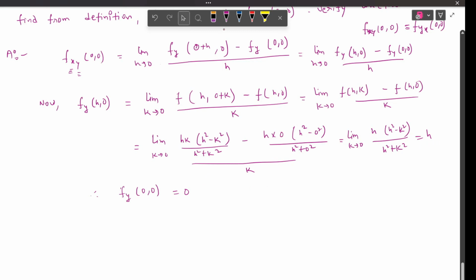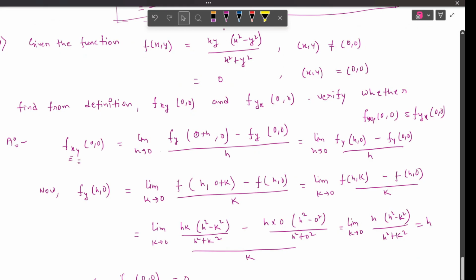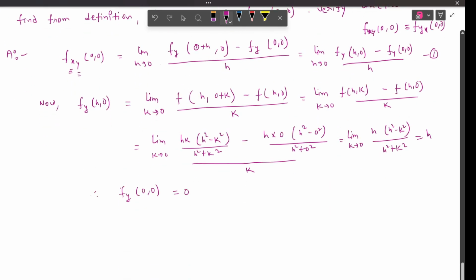Right? So from this, let us say this is our equation 1. Now from this we have to put all the values.